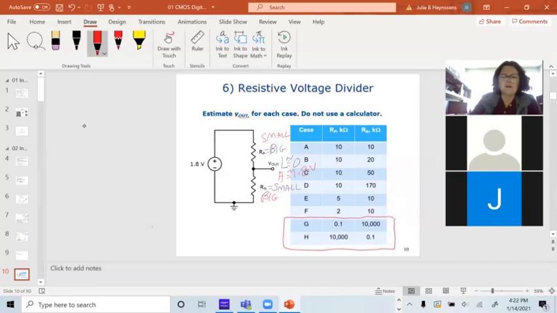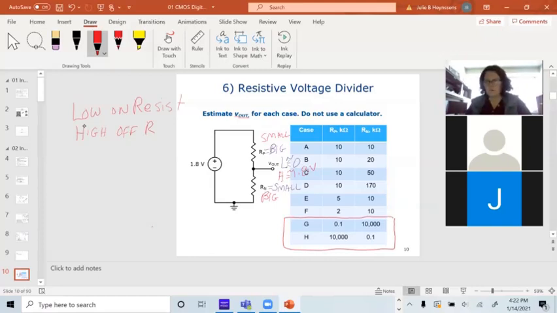I want these transistors to have very low on resistance, and I want them to have high off resistance to get these values as close to VDD as I possibly can.